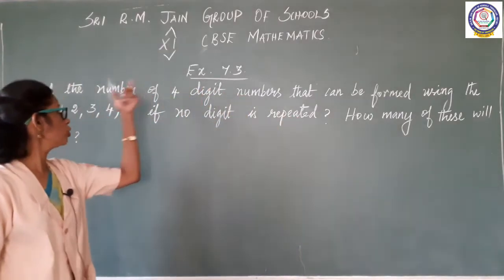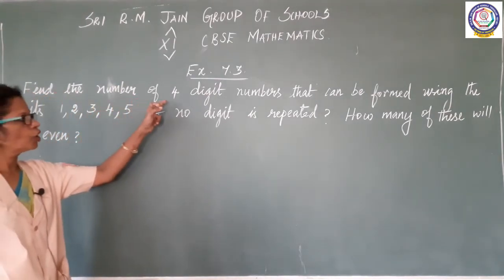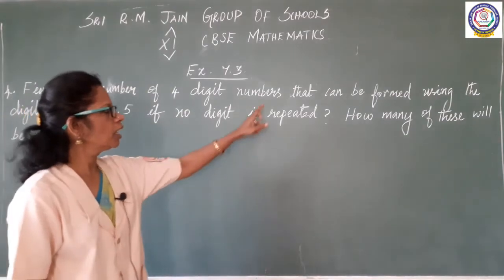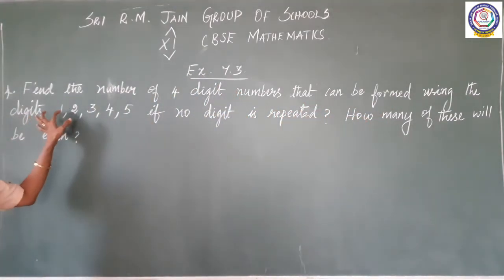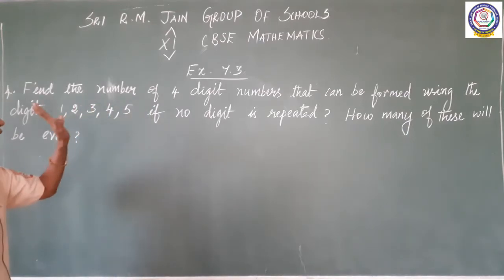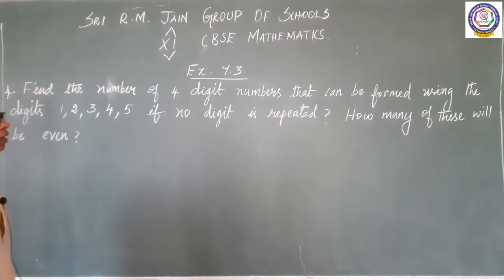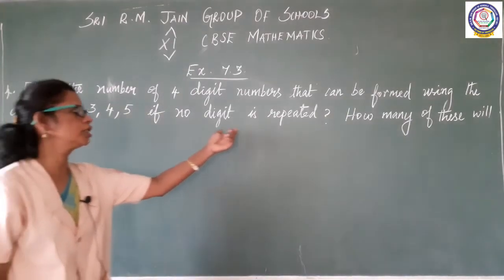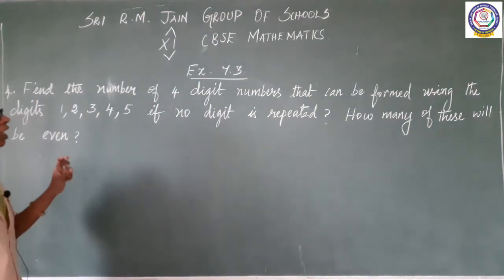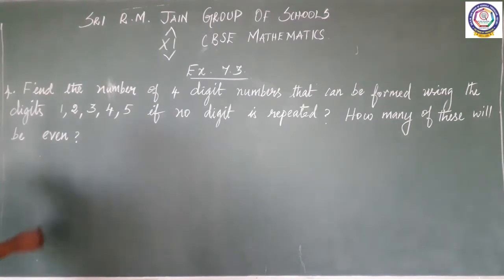Exercise 7.3, question number 4. Find the number of 4-digit numbers that can be formed using the digits 1, 2, 3, 4, 5 if no digit is repeated, right? Already the numbers are given, the restriction is no digit is repeated. We need how many numbers? Out of 5 we need 4 numbers, right?